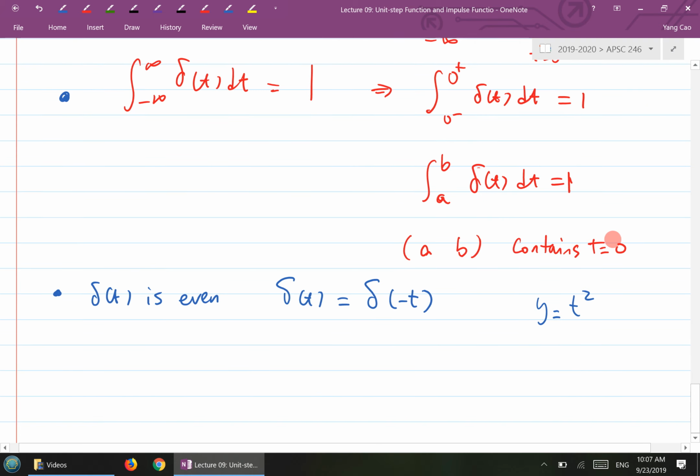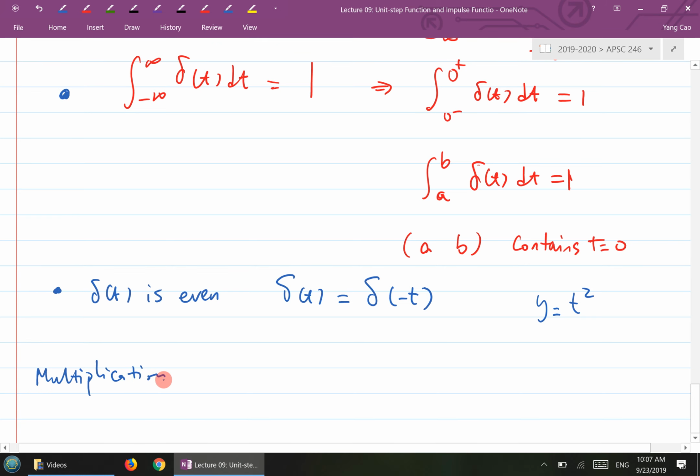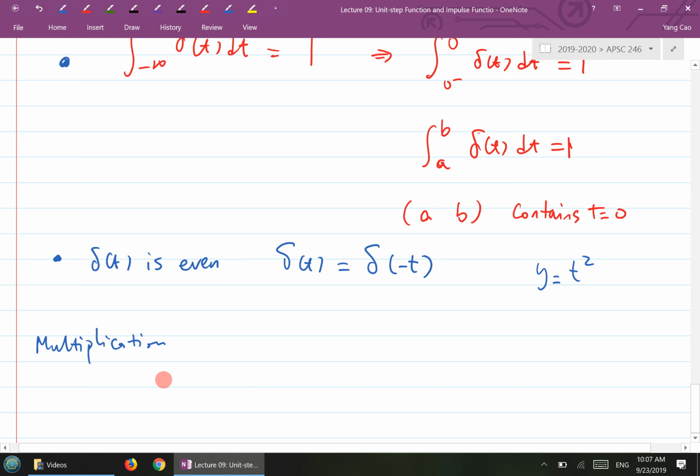So those are about the definition. Let's take a look at some applications of this impulse function, some examples of what we can use it for.